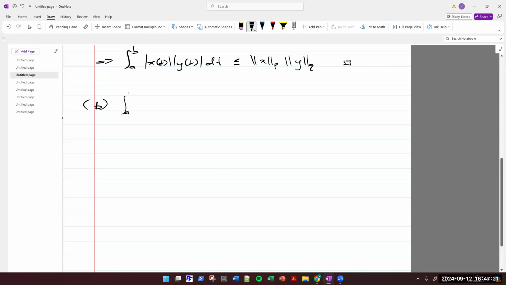So I want to show that the integral from a to b of x of t plus y of t, to the power of p dt, and then I raise that to the power of 1 over p, is less than or equal to the integral of the first one plus the integral of the second one.